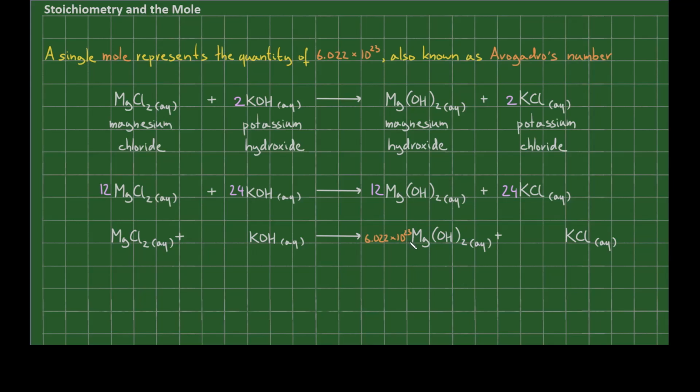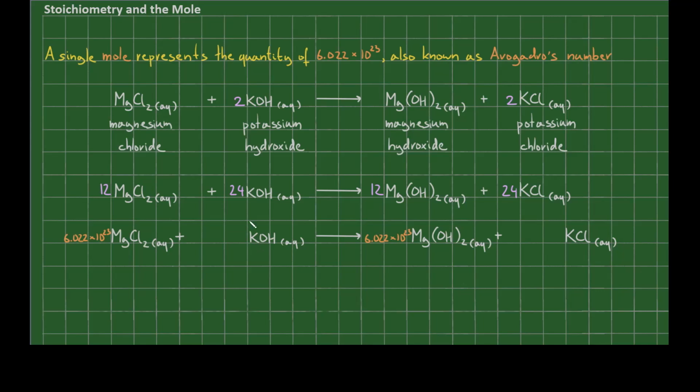And because this is a directly proportional ratio situation, whatever happens to one component needs to happen to the others as well. And so I will need 6.022 times 10 to the 23 of magnesium chlorides. How many formula units of potassium hydroxide will be required?